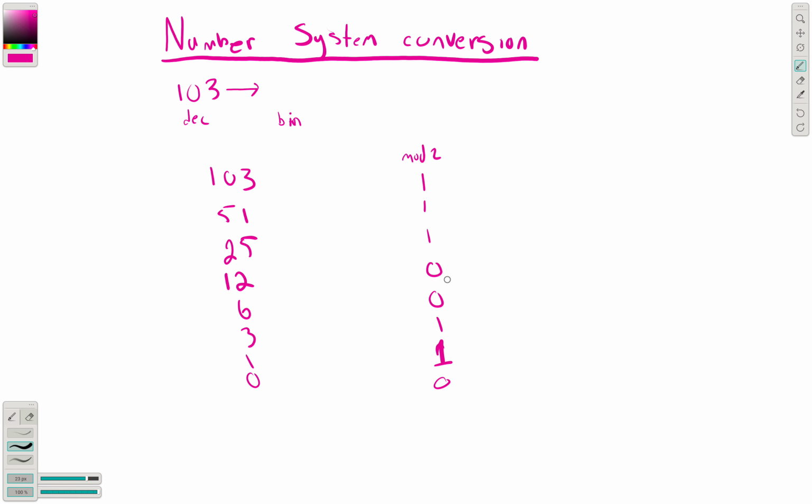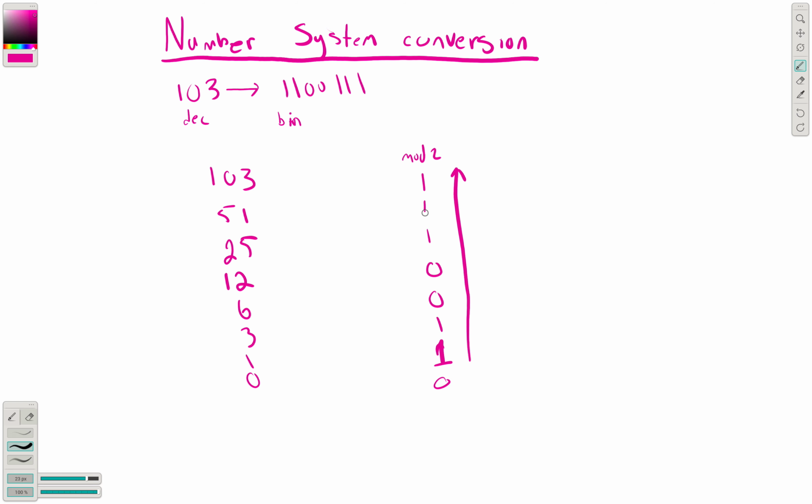And then the binary number now, going from left to right, I'll write it up here: 1 1 0 0 1 1 1. Wow, that is enlightening. Who would have thought that it's that simple? That's how you convert decimal to binary.